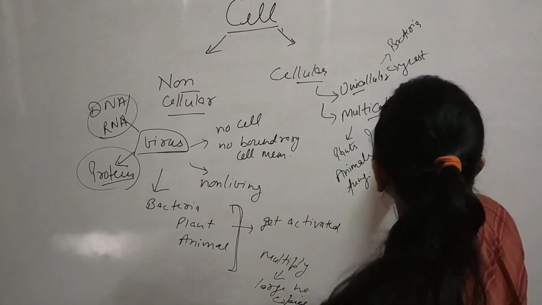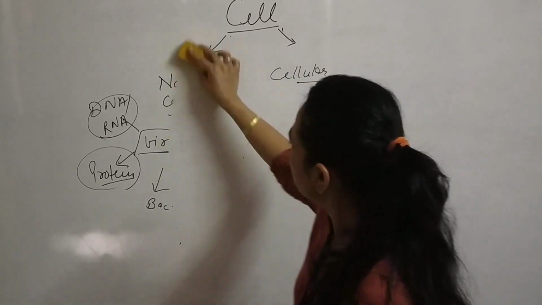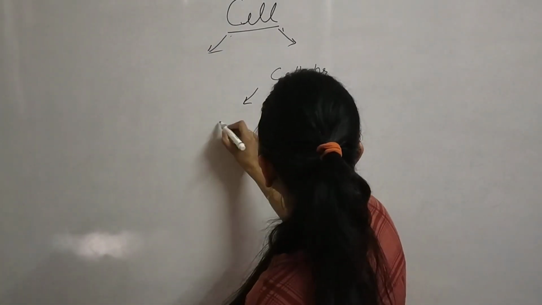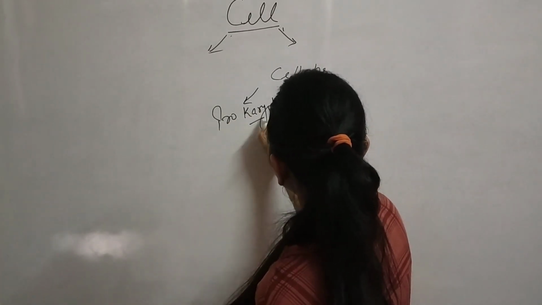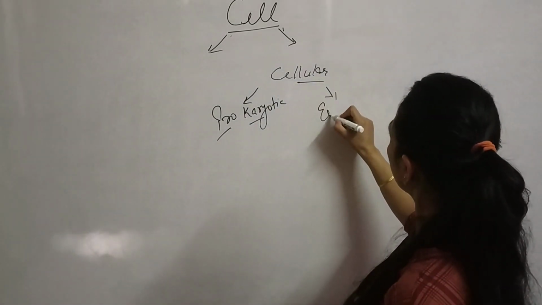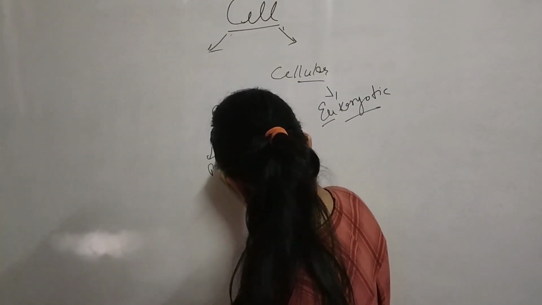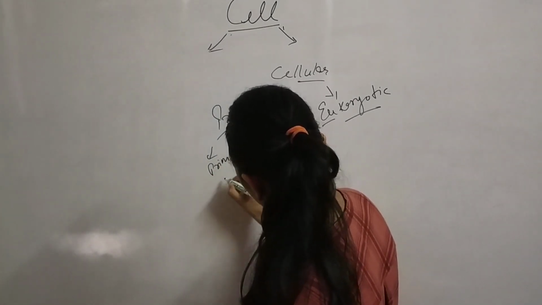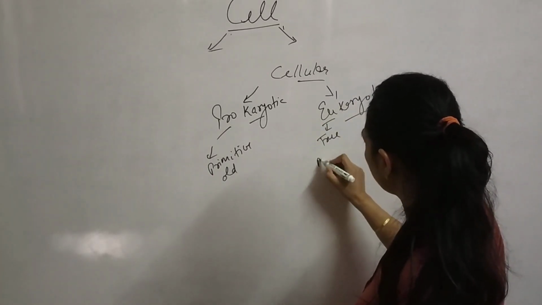Then there are two other types in this cellular system. We use the terms prokaryotic and eukaryotic. Pro means primitive, old, and eu means true, advanced.